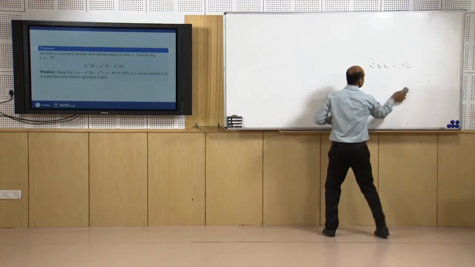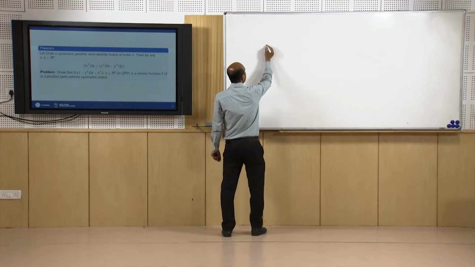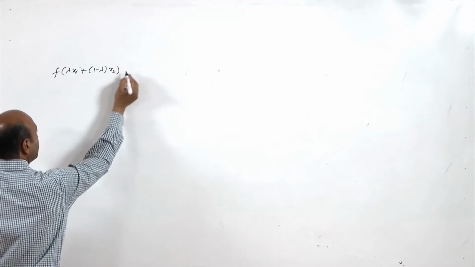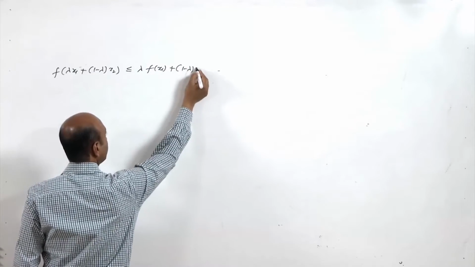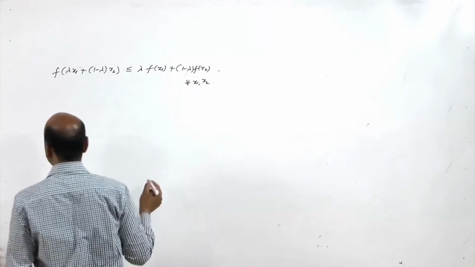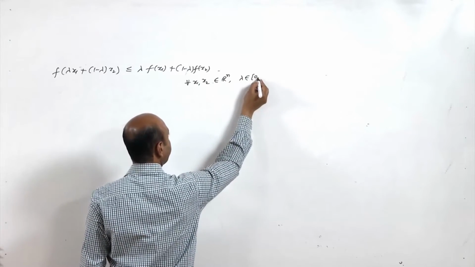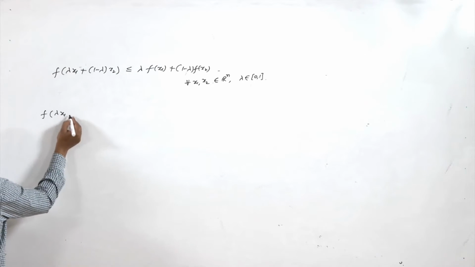In order to prove this result, we need only show that f of lambda x1 plus 1 minus lambda x2 is less than or equal to lambda f(x1) plus 1 minus lambda f(x2) for all x1, x2 in Rn, and lambda belonging to 0 to 1. This we have to show in order to show that the involved function is a convex function. So, let us try to obtain this result.